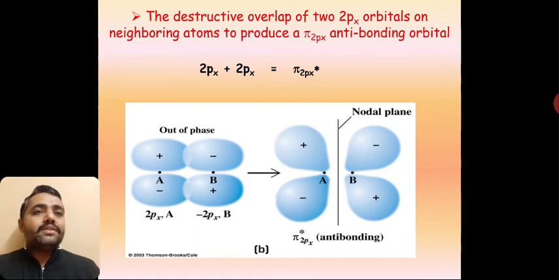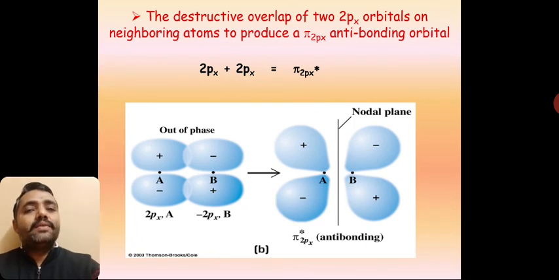There are some mistakes above: 2px minus 2px, not a plus, forms the pi star 2px. You can correct it. This is a negative overlap, they are out of phase, therefore it creates a nodal plane to form the pi star 2px antibonding molecular orbital.